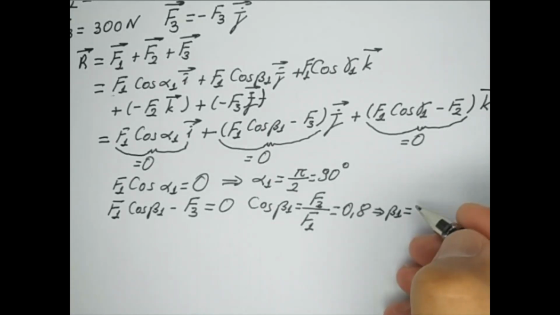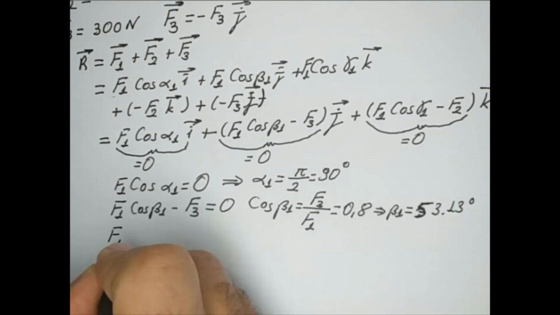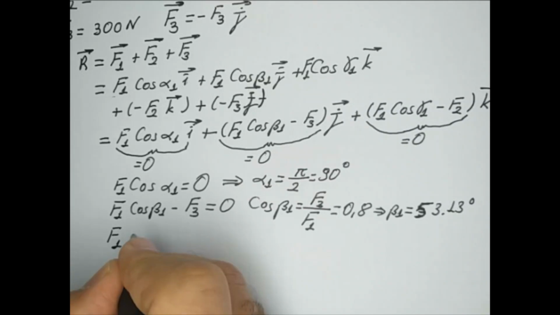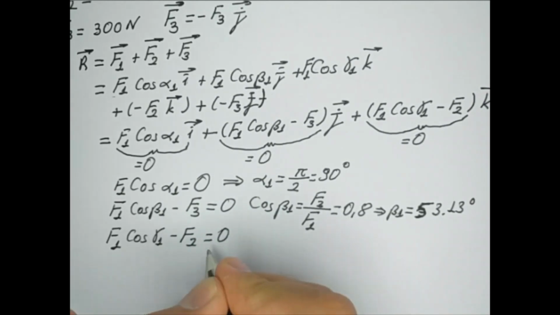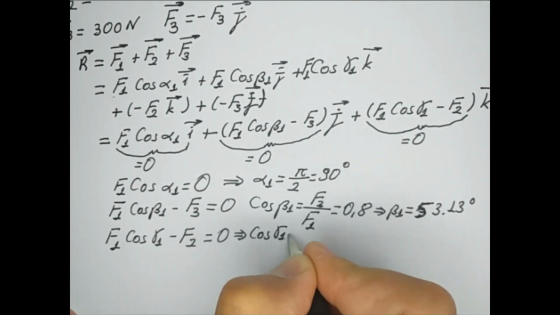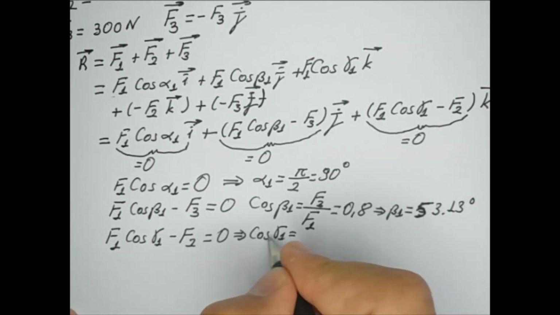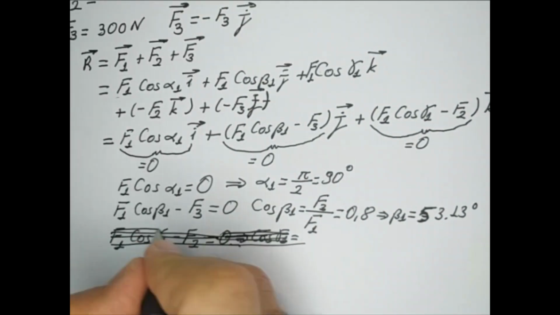Now let's look at the z component. F1 cosine gamma 1 minus F2 is equal to 0. So cosine gamma 1 is equal to, let me write it a little bit below. Here, F1 cosine gamma 1 minus F2 is equal to 0.